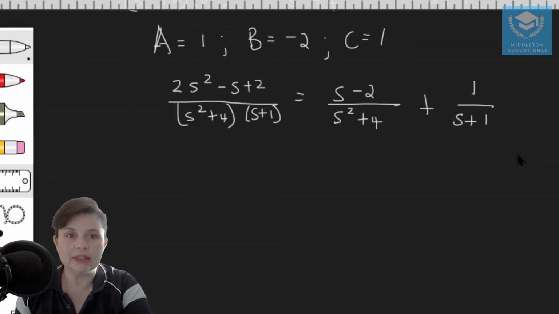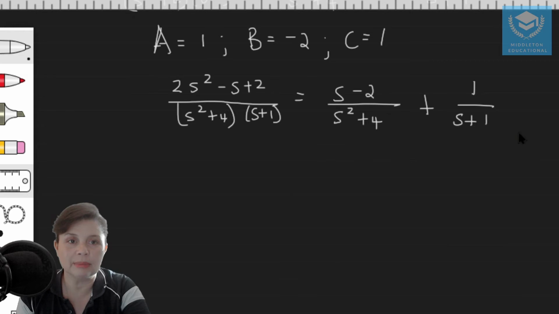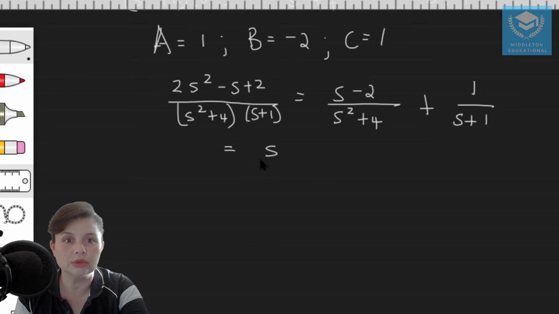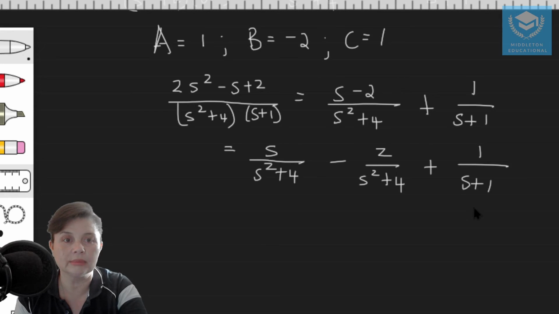Now remember that we want to take the inverse Laplace transform of this fraction. So we first broke it up into two terms. Now we have denominators which are on the table. If you look at the first term, however, the numerator is not on the table. So we're going to have to break this up. That is going to be equal to s over s squared plus 4 minus 2 over s squared plus 4 plus 1 over s plus 1.